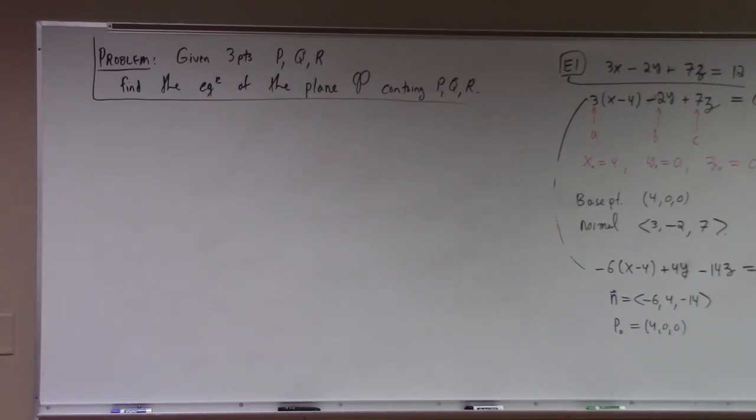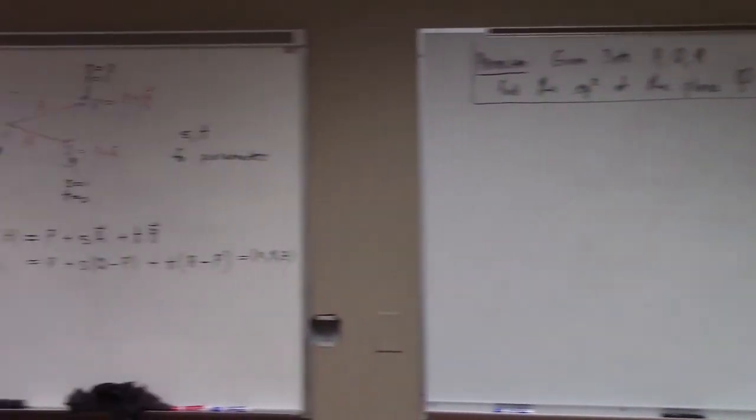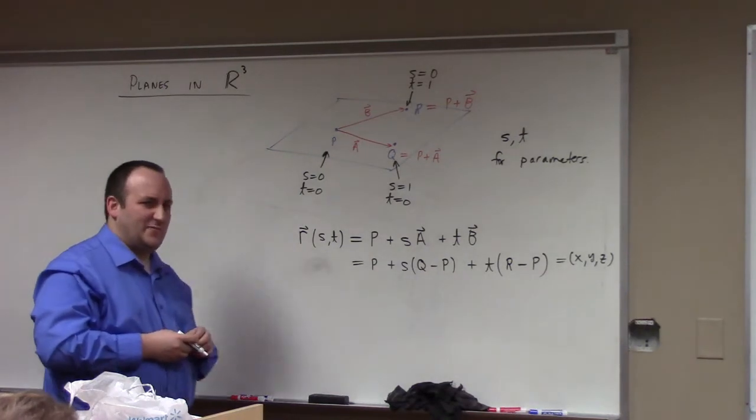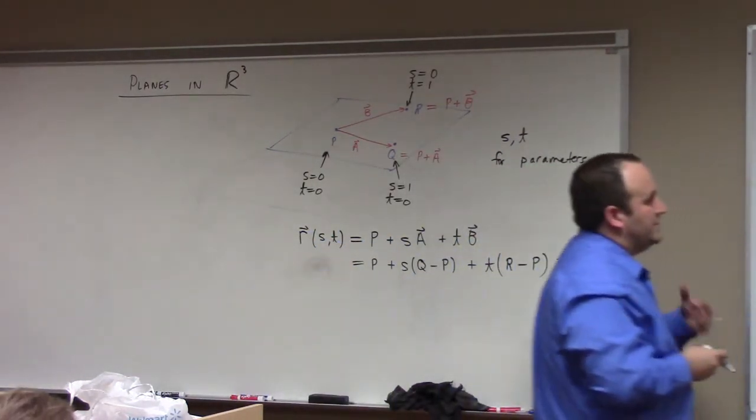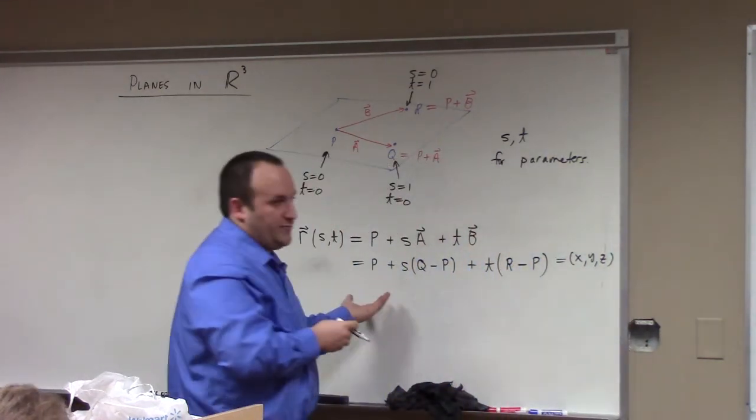You have 5 variables, x, y, z, s, and t, and 3 equations. That means you can eliminate s and t and leave yourself an equation in x, y, and z. I've seen students get through it, but it's bad. That's not the way to do it. This is not the equation of the plane, this is a parameterization of the plane.